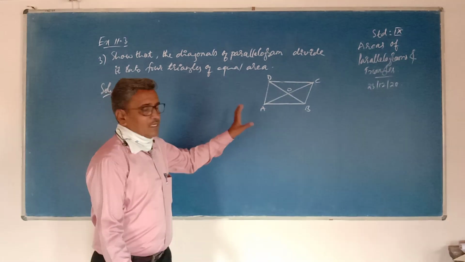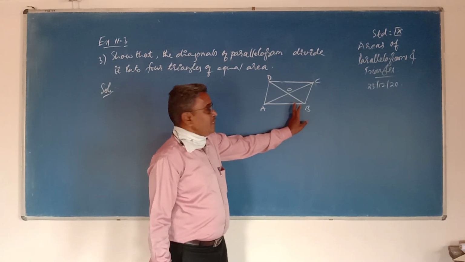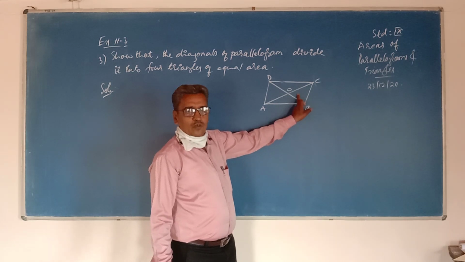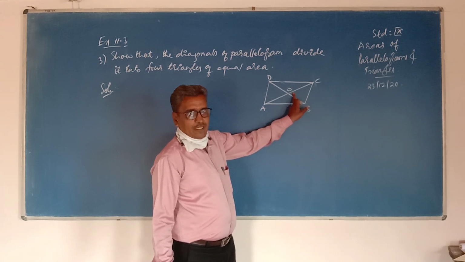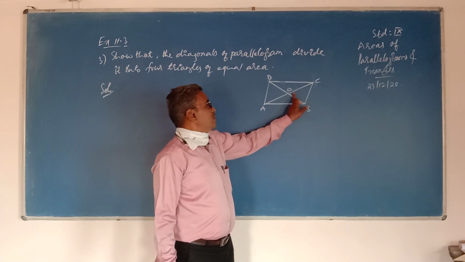I will tell first, then we will go on writing. Diagonals bisect each other means AO equal to CO. It means O is the midpoint of AC. What does it mean?